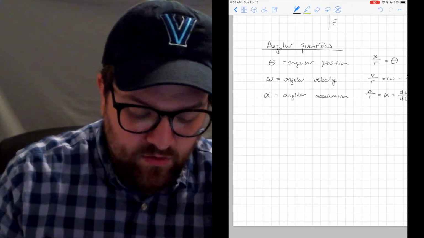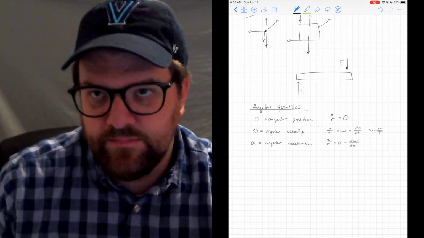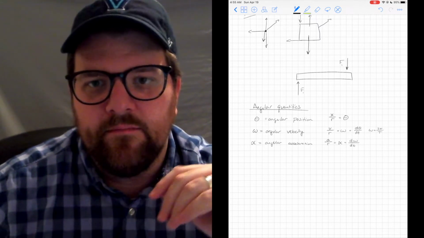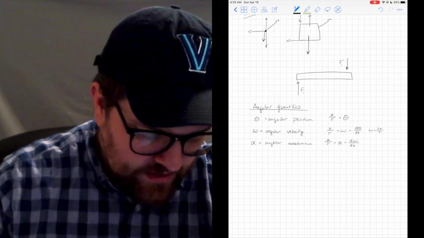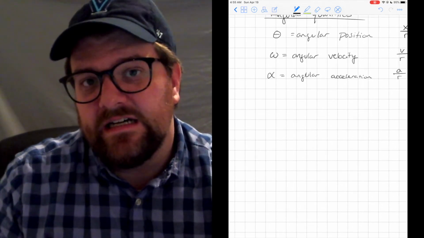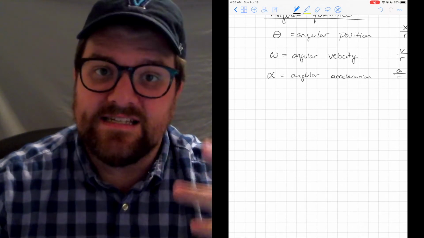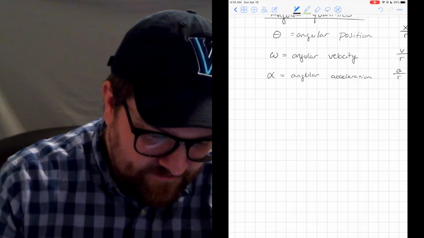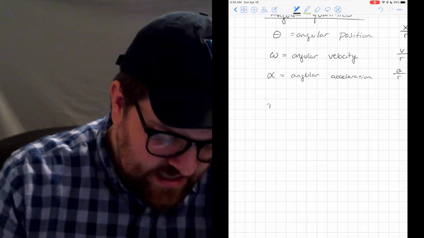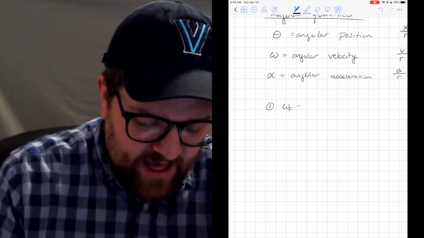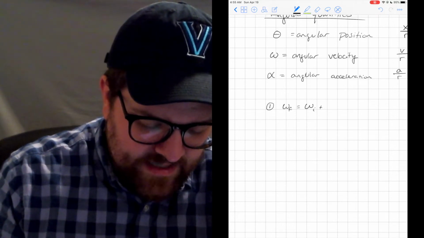This gave us a couple interesting translations into our kinematics, right? We then could basically replace any linear quantity with our angular quantity and still get a kinematic equation out of it. So our first angular kinematic equation was omega f equals omega i plus alpha delta t.